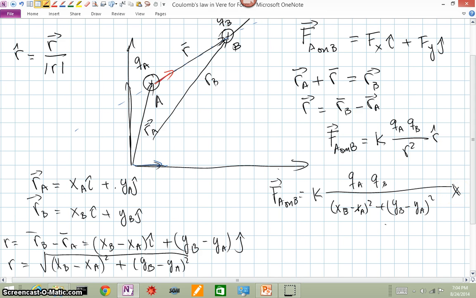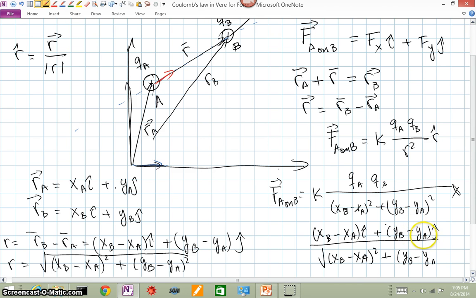This quantity here is xb minus xa in the i direction plus yb minus ya in the j direction, divided by the magnitude of that, which is the square root of xb minus xa squared plus yb minus ya squared. Okay, so now I can go ahead and rewrite this.